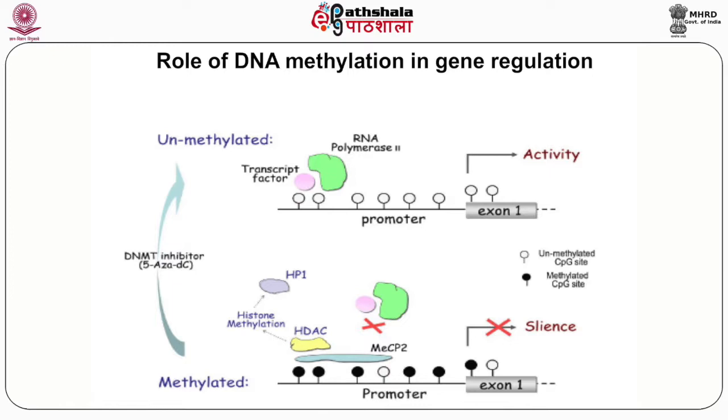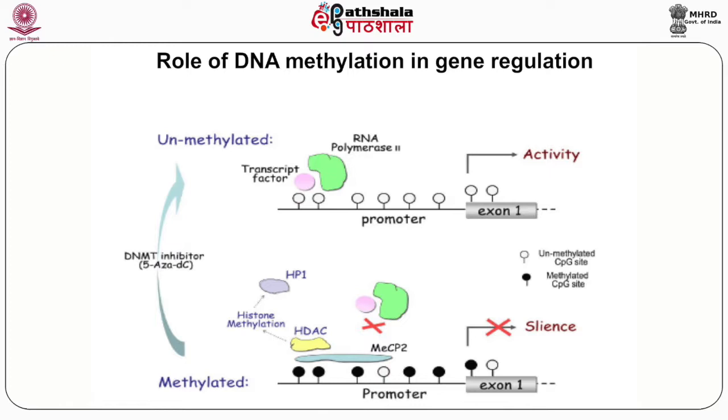phosphorylation. For gene transcription to occur, the gene promoter should be readily accessible to transcription factors and other regulatory units, for example enhancers. DNA methylation can directly prevent transcription factor binding and lead to changes in chromatin structure that restrict access of transcription factors to the gene promoter, as shown in this figure.